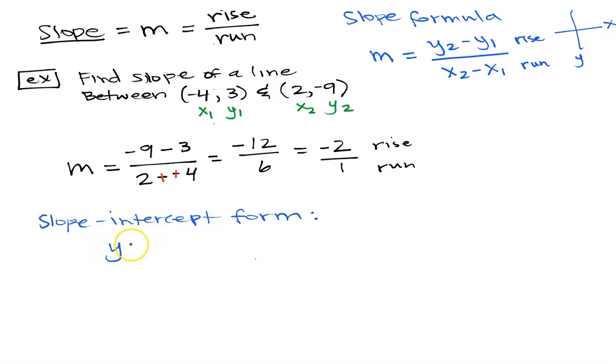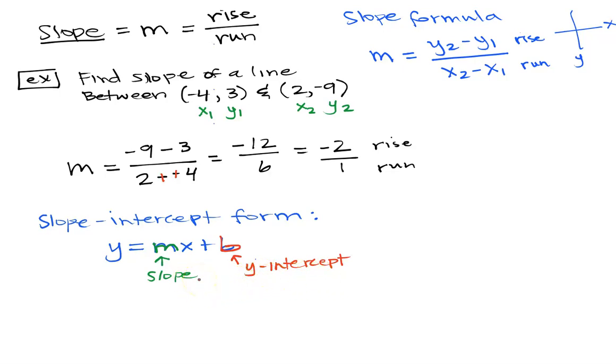It's something that's in the form of y equals mx plus b, where m is the slope and b is the y-intercept. We like it in this form because it tells us a lot of important information about that line. We know the slope, and we know where it's crossing the y-axis.